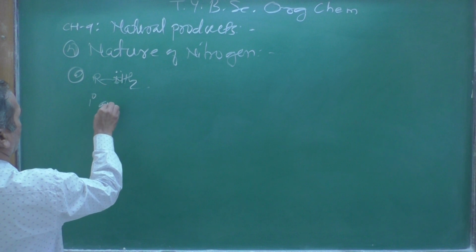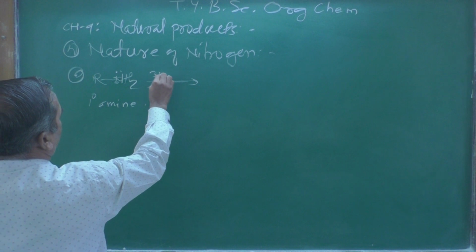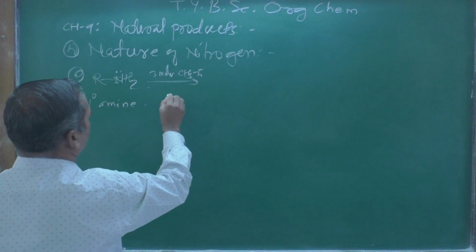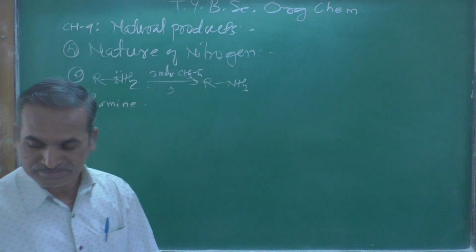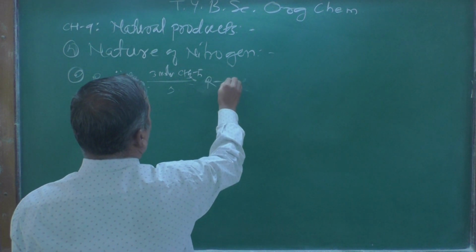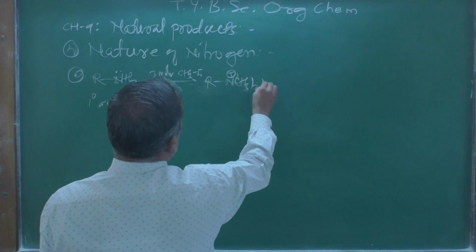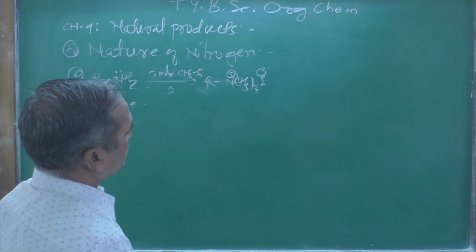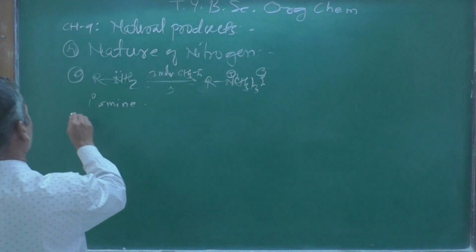For a primary amine, 3 moles of methyl iodide, CH3I, get consumed, and we are going to get the product R N (CH3)3 with positive charge and I minus. That quaternary ammonium iodide salt is obtained over there, and that clearly indicates that a primary amine is present.